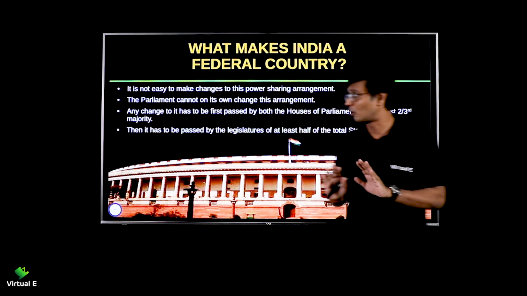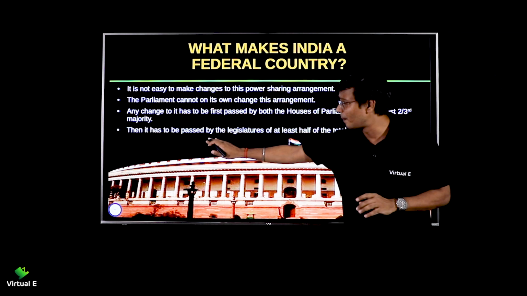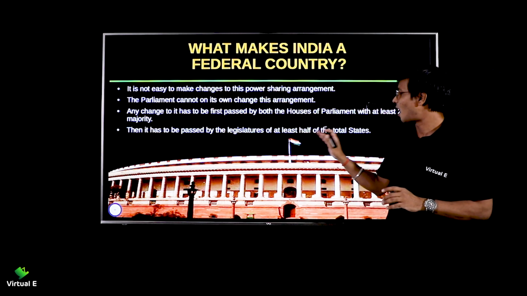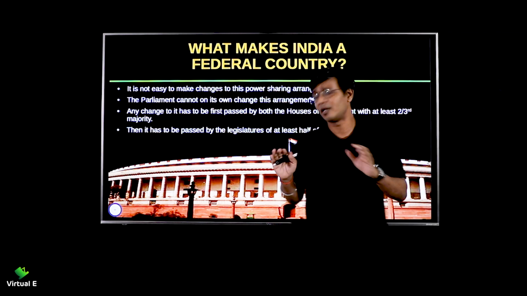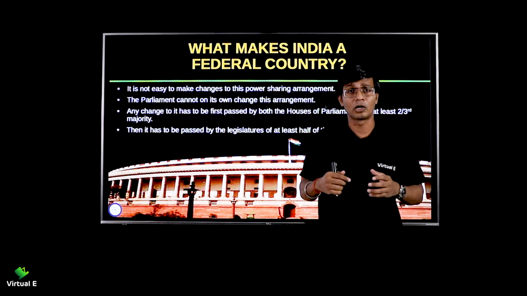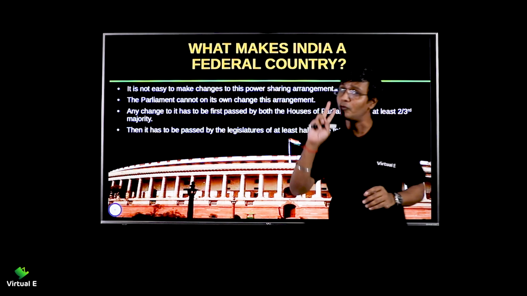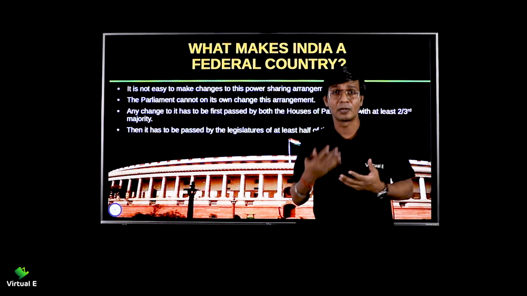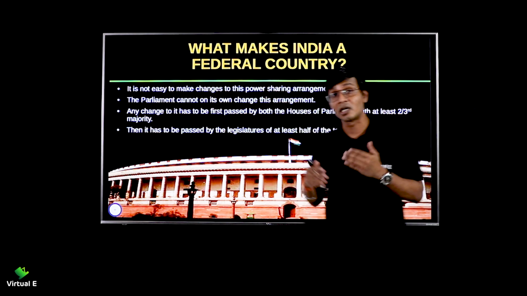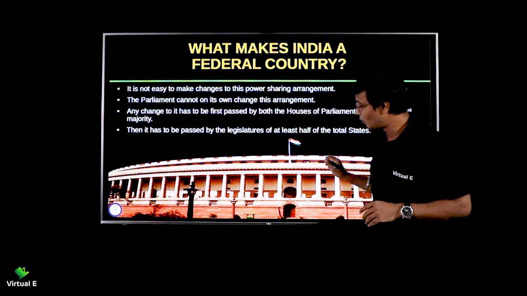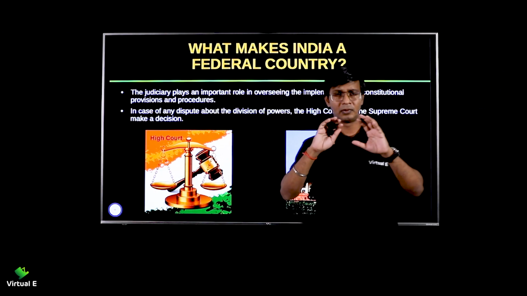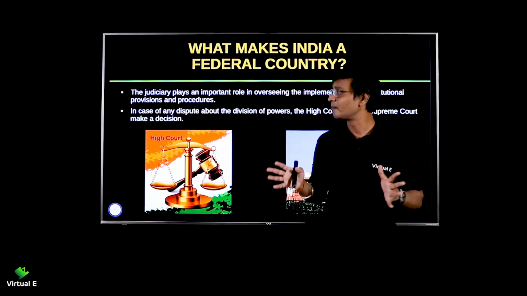There is no such authority. It has to be passed by the legislatures of at least half of the total states. So if I decide in Parliament that we are going to have a 5th form of power sharing, or just stick with 2 forms, then I need the support of state assemblies, and more than half should be in my favor. Only then can I change the power sharing arrangement.